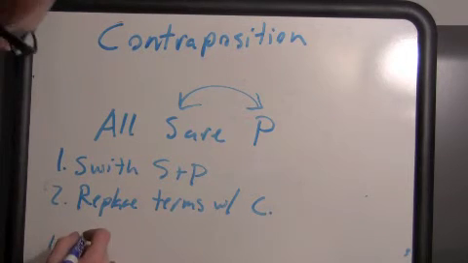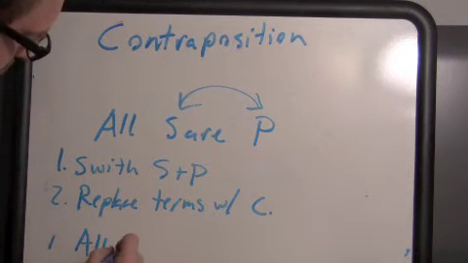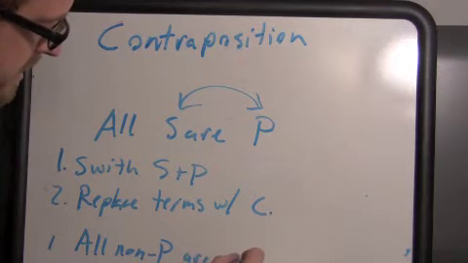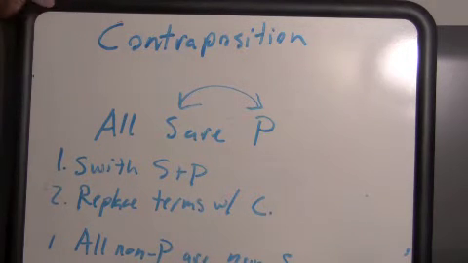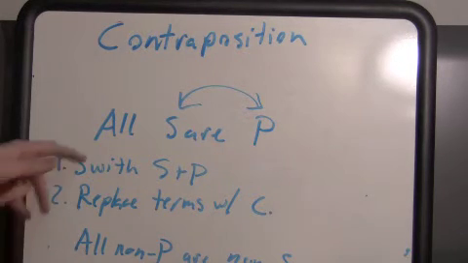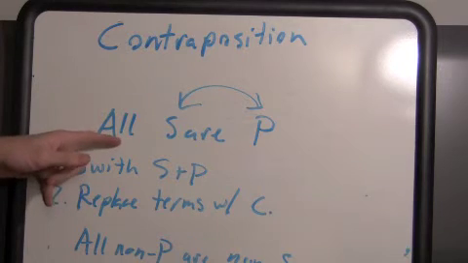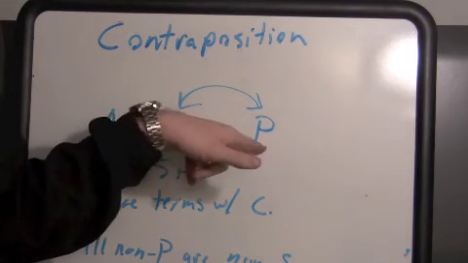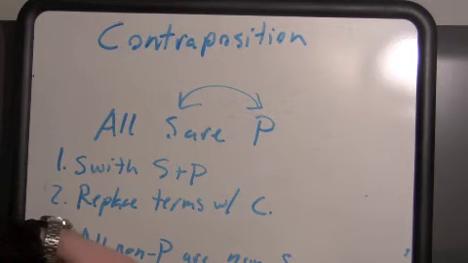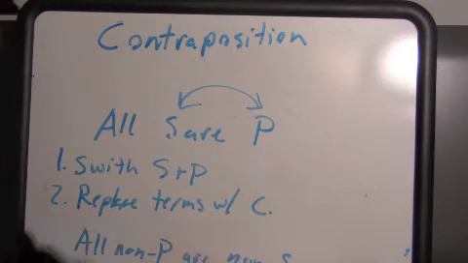So we switch the subject and the predicate, and then we replace them. So what we get here is something like all non-P are non-S. Now, let's put it into a real life example. Let's say all police officers are civil servants, and this says all non-civil servants are non-police officers.